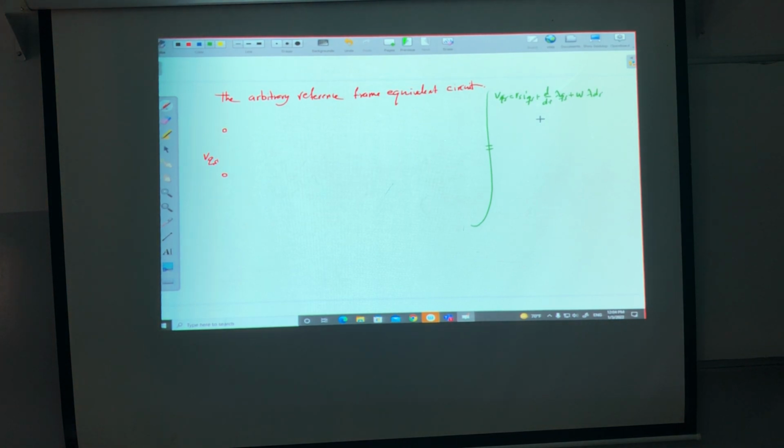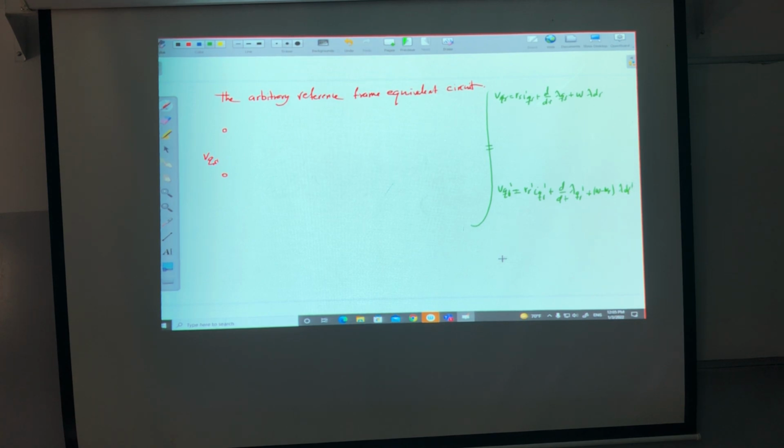And if I recall, VQR dash will equal RR dash IQR dash plus d by dt of lambda QR dash, and here I will put omega minus omega R lambda dr dash.